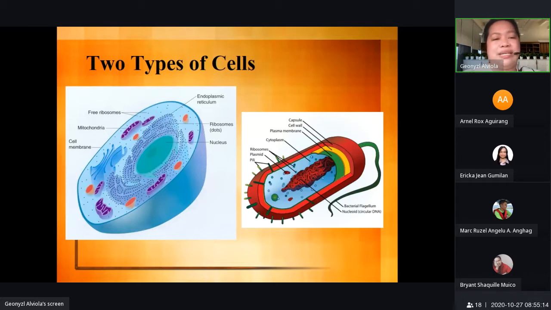So cell types based on cell structure. So ang eukaryotic have all these membrane organelles, and double membrane, may plasma membrane. The nucleus is highly distinct because of the nuclear membrane, in which dito sa prokaryotic cells, they don't have a nuclear membrane. They don't have membrane organelles.